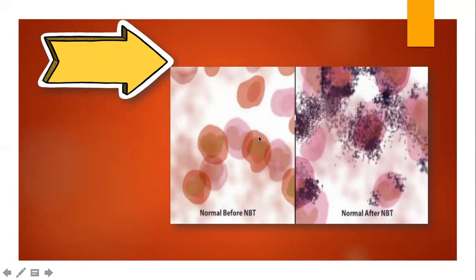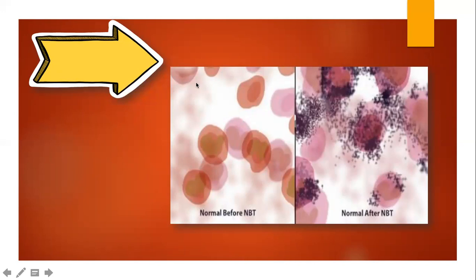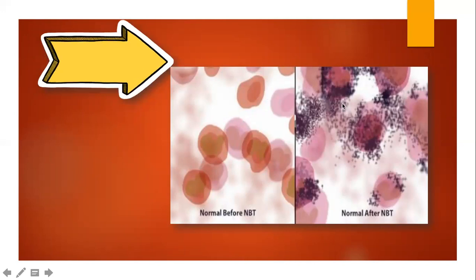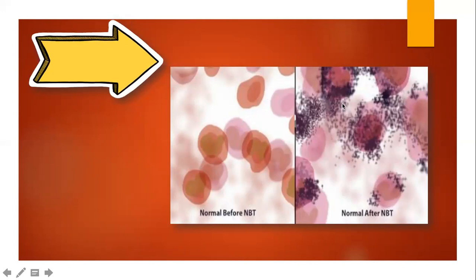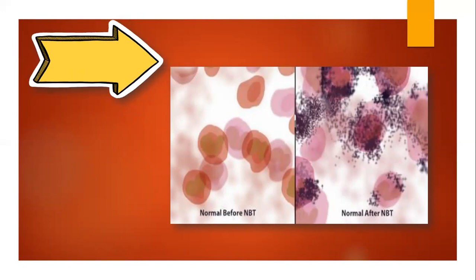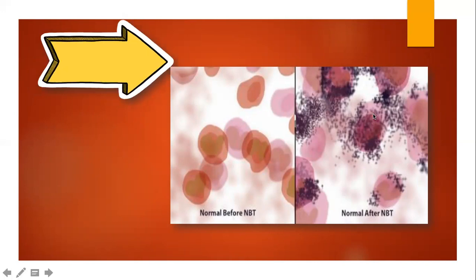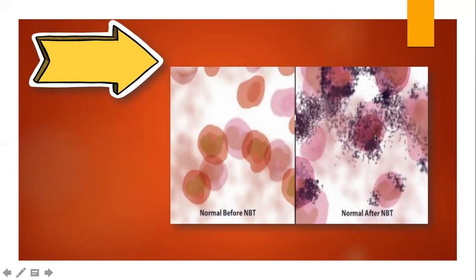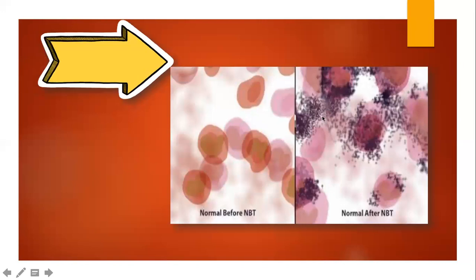After adding this reagent and incubating it, what will be the appearance of a normal blood smear? What we can observe is that the yellow water-soluble dye is reduced to insoluble blue dye. So this is the normal result of the nitroblue tetrazolium reduction test.